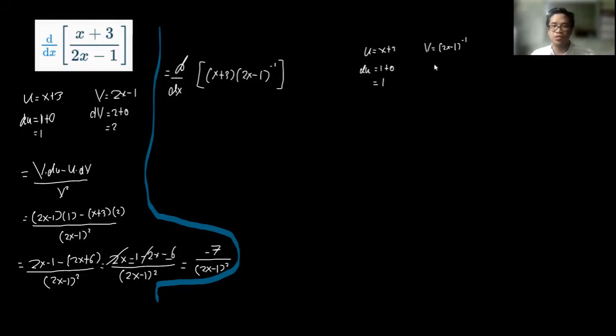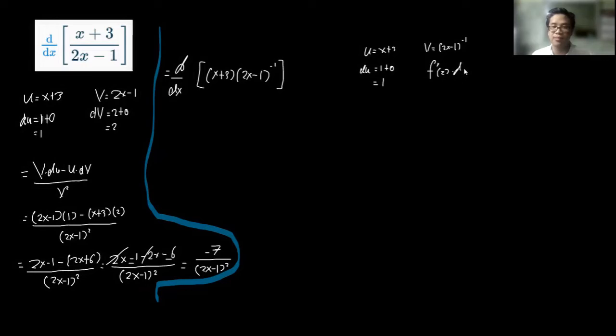The formula for that is f prime of u times du. But since we already have u, we're going to use a different letter. So what I will use here is z. It's up to you if you want to use anything else, but for me, I will use z.